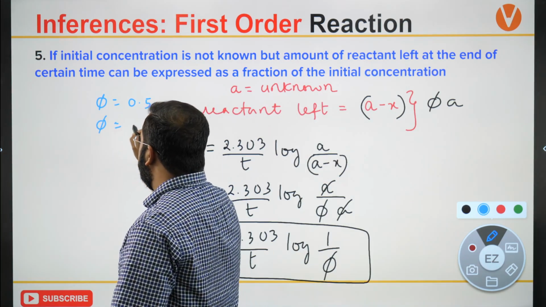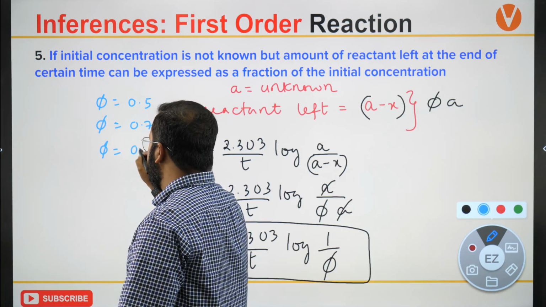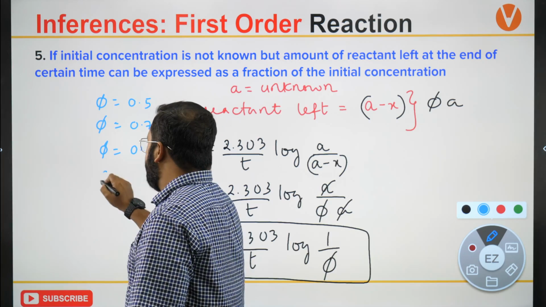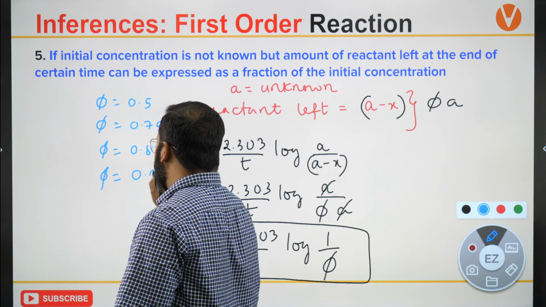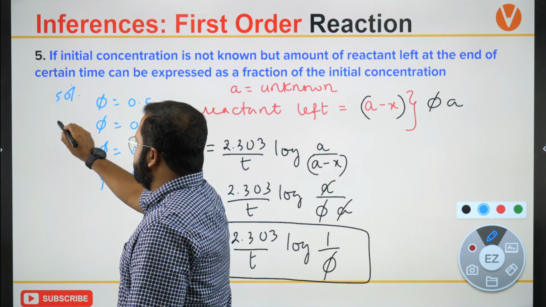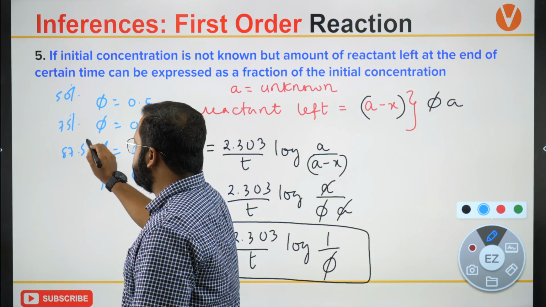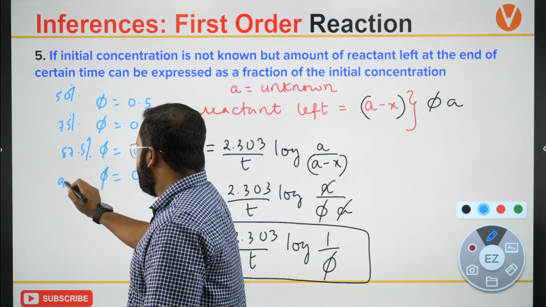Phi can be 0.75, phi can be 0.875, phi can be 0.95, if it is a 50% reaction, 75% reaction, 87.5% reaction, and 95% reaction.